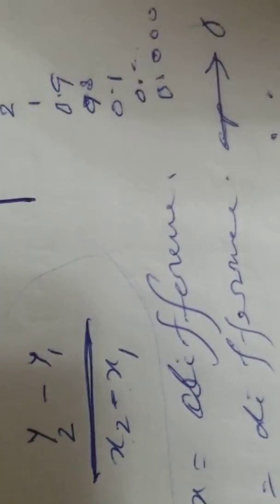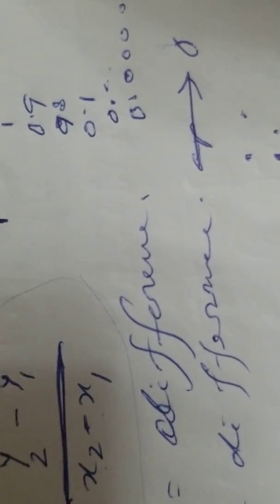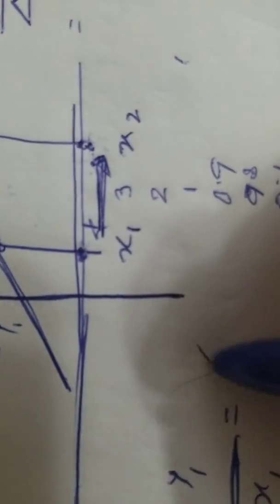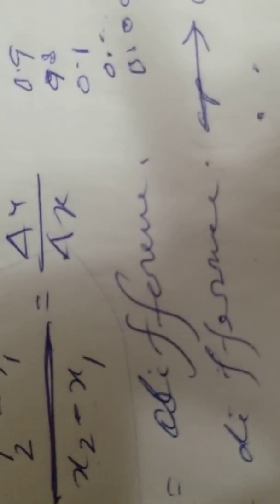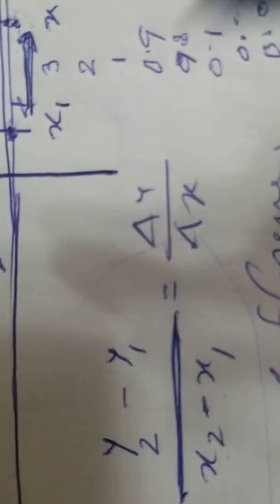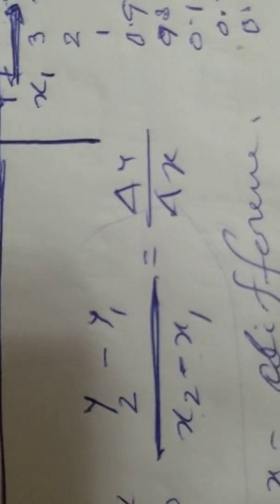Now, as x2 and x1 became closer, so did y2 and y1. So the fraction would still have that equation, which is delta y by delta x. The only thing is that delta x has come so close, because we said delta x is approaching 0, and the corresponding delta y is also reducing in the same way.